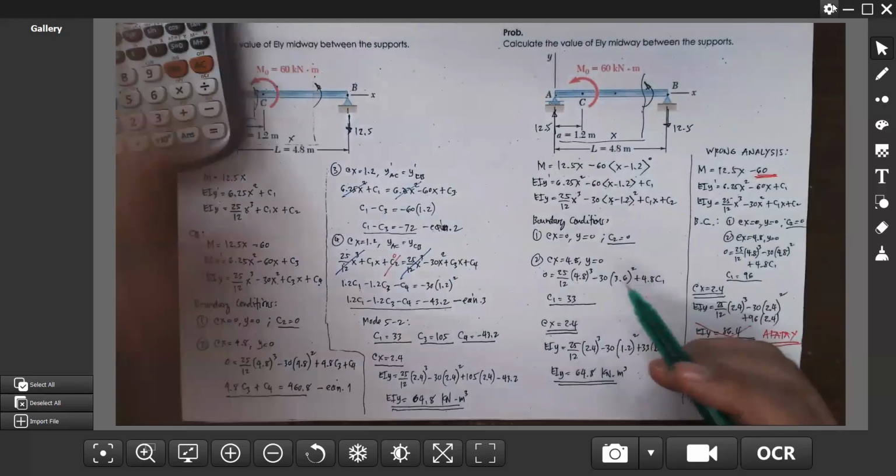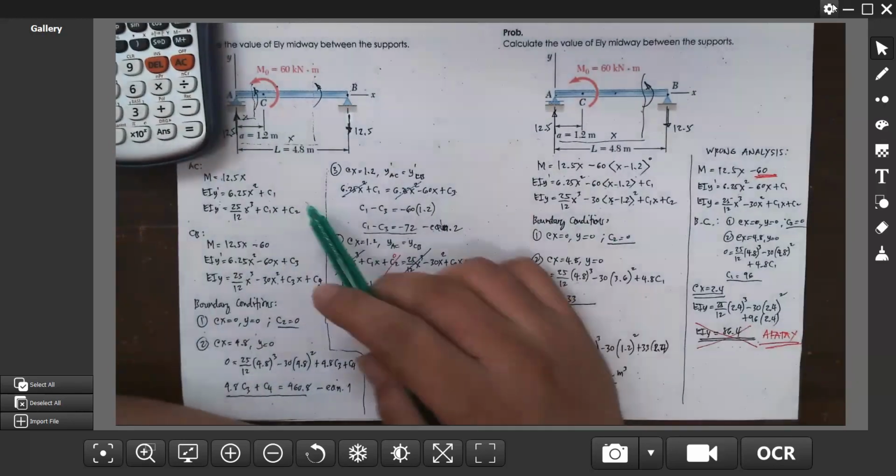What if we solve the deflection at x equals 1?